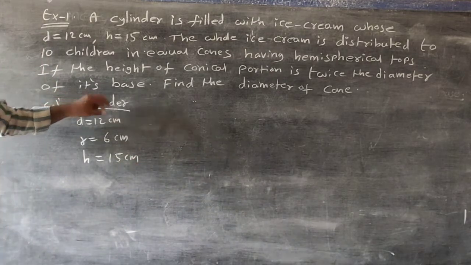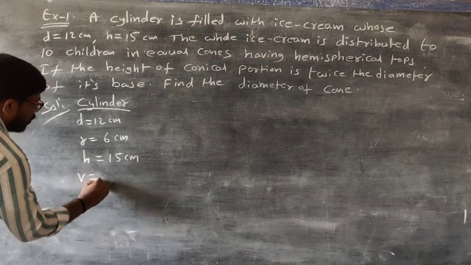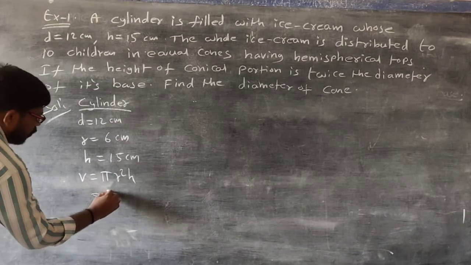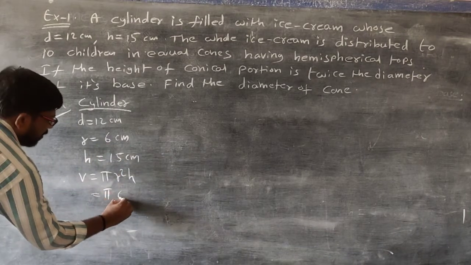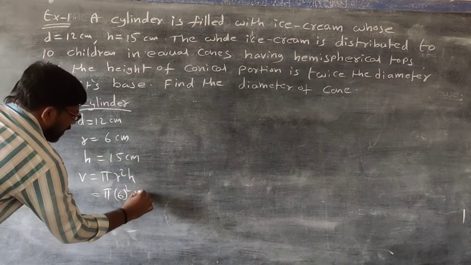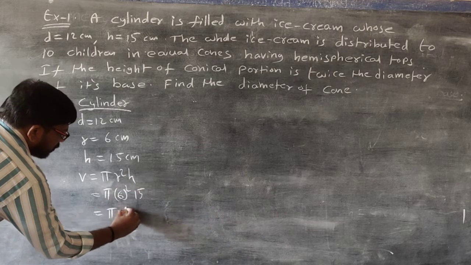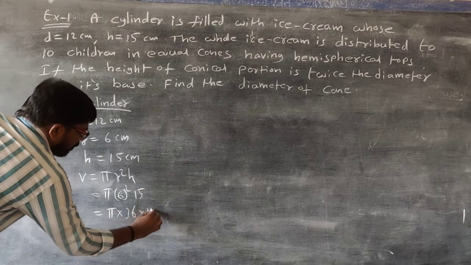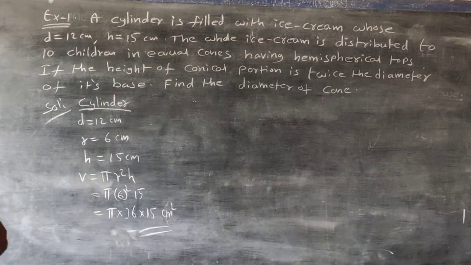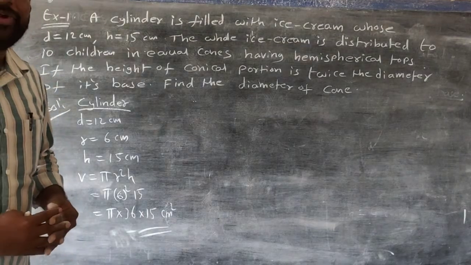Then volume of cylinder, that is volume of ice cream, is equal to pi r square h, that is pi into 6 square into 15, which is pi into 36 into 15 centimeter cube. This is the volume of the cylinder, it gives the volume of the whole ice cream.